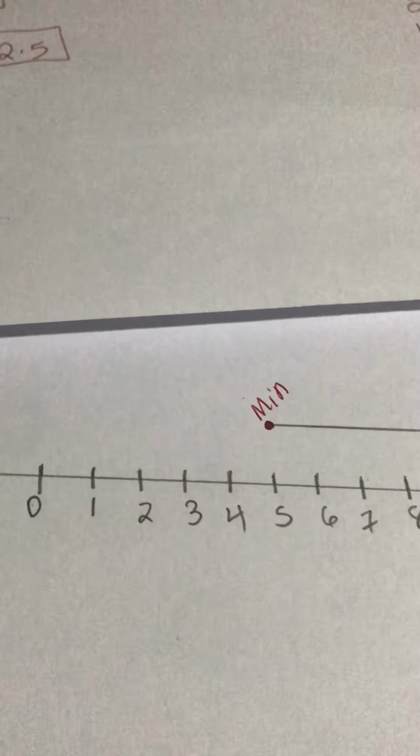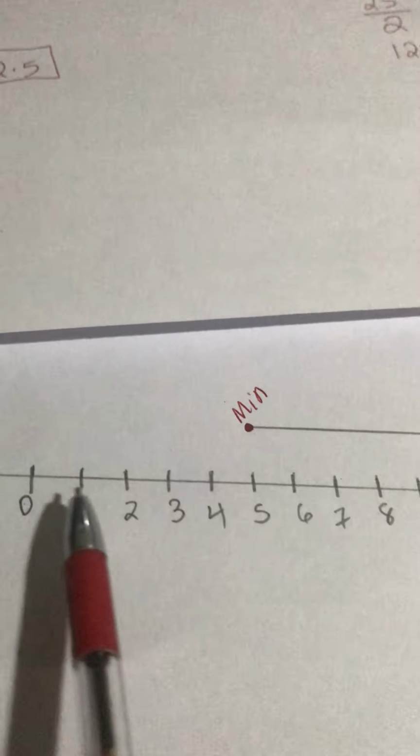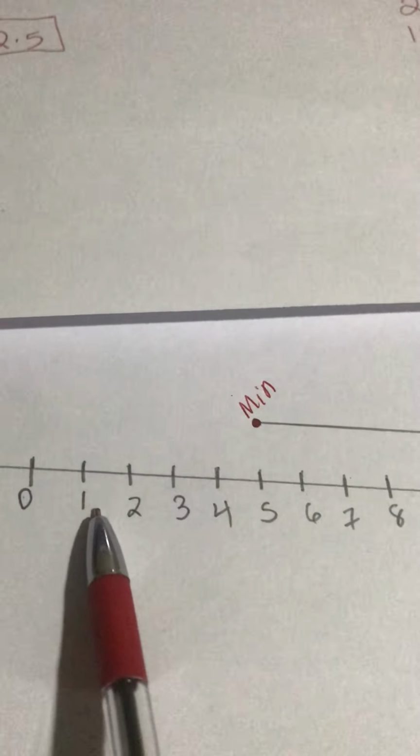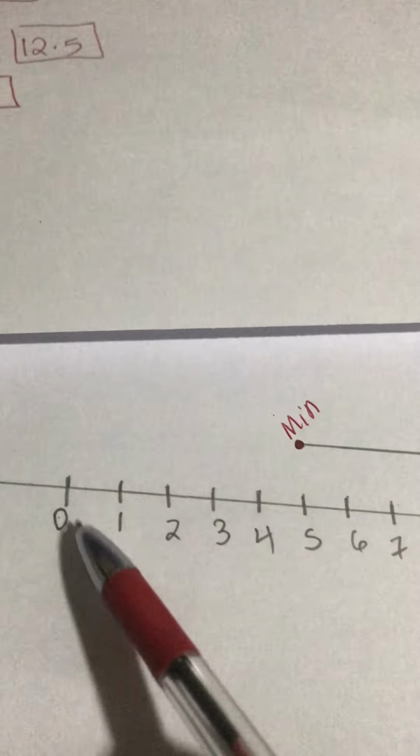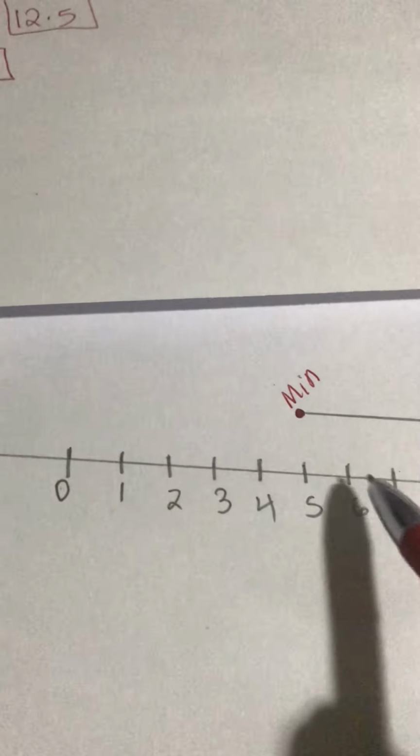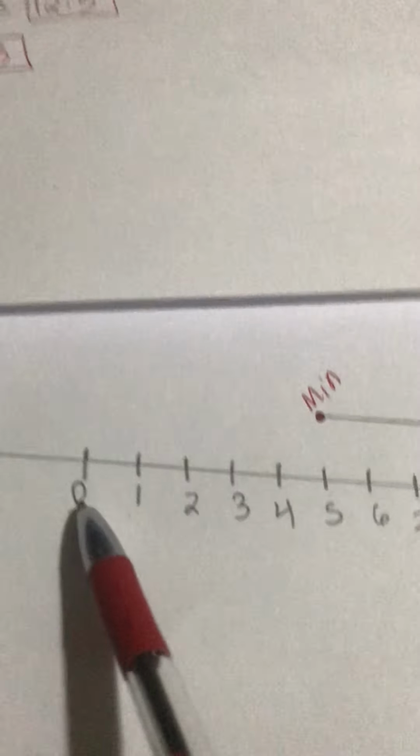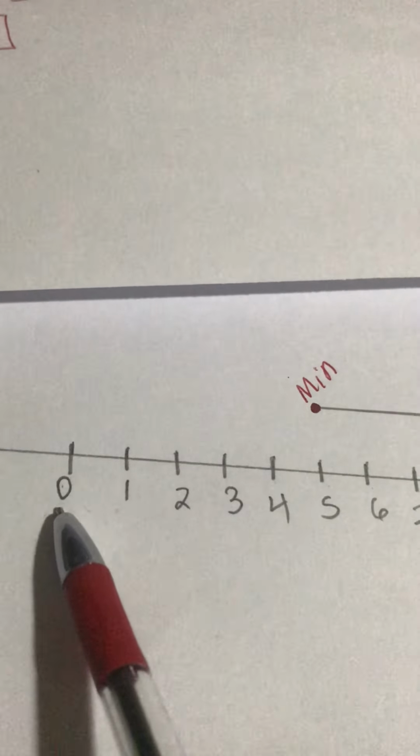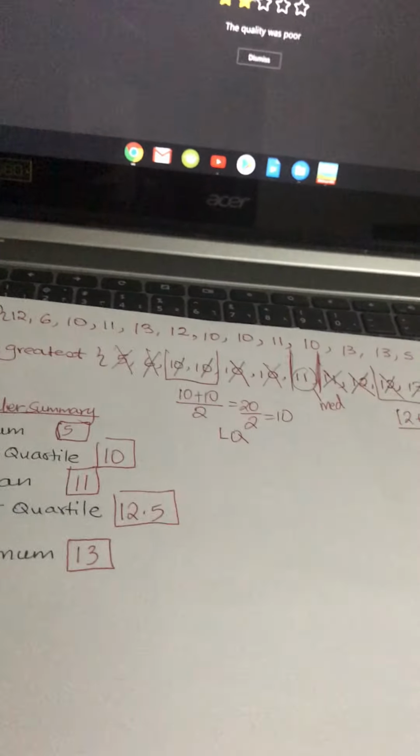If you do by 8, you have to go same space. 8, 16. Like that. You continue by 8. If you go by 10, 10, 20, 30. If you start here by 40, 41, 42, 43, like that. It depends with the number in your data set.